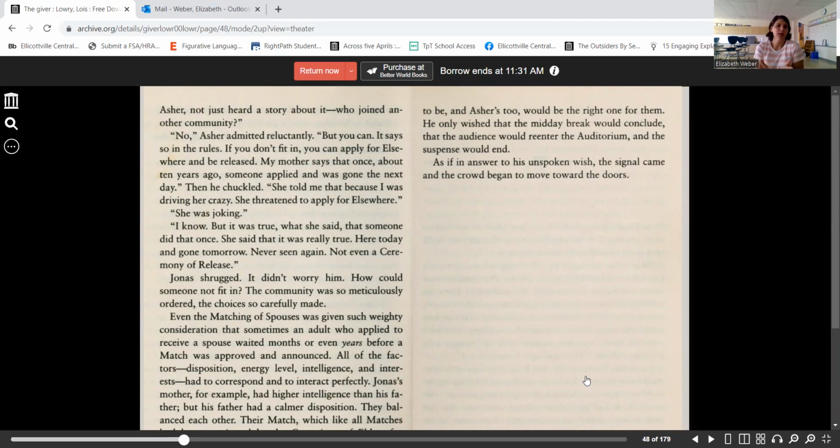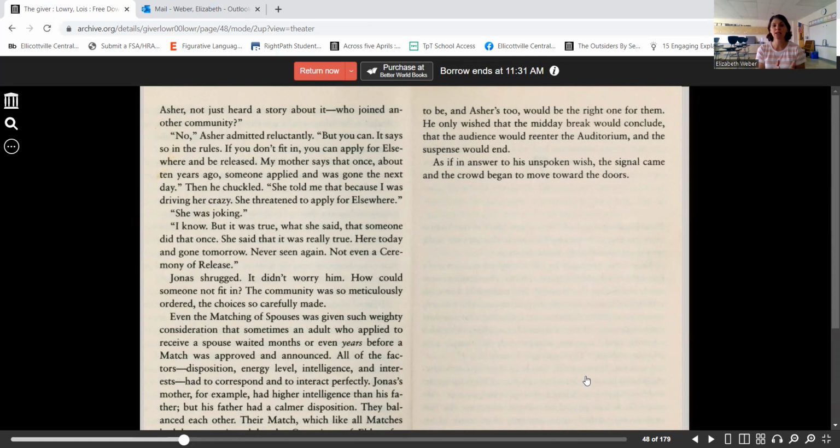Jonas shrugged. It didn't worry him. How could someone not fit in? The community was so meticulously ordered, the choices so carefully made. Even the matching of spouses was given such weighty consideration that sometimes an adult who applied to receive a spouse waited months or even years before a match was approved and announced.